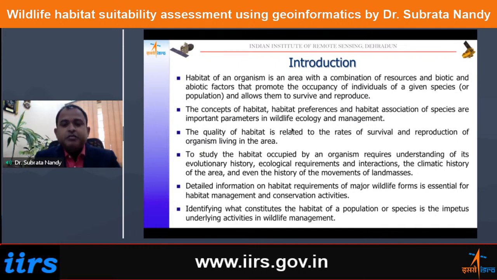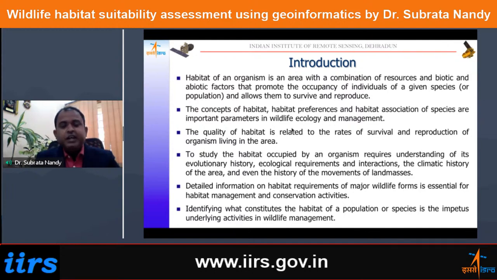The concept of habitat preferences and habitat association of species are very important in wildlife ecology and management. The quality of habitat is related to the survival and reproduction of the species.